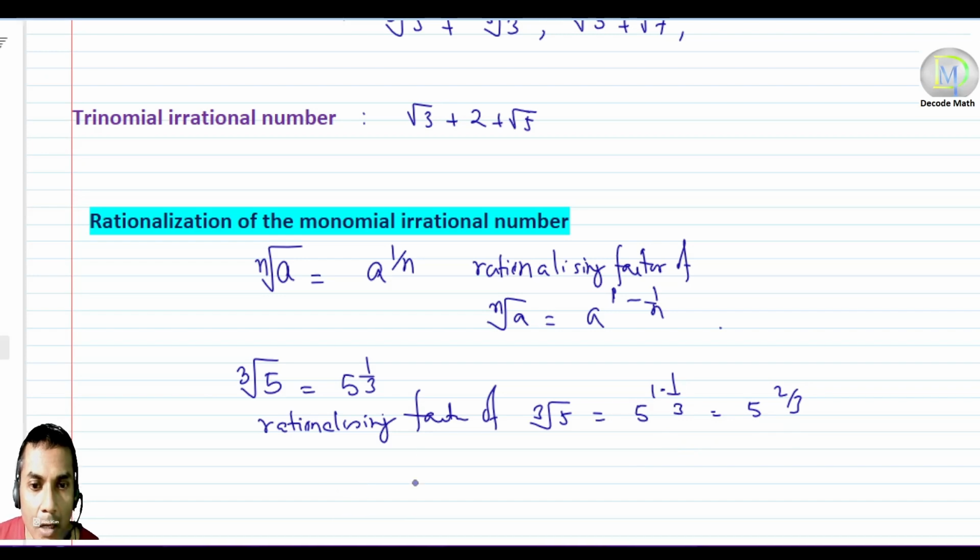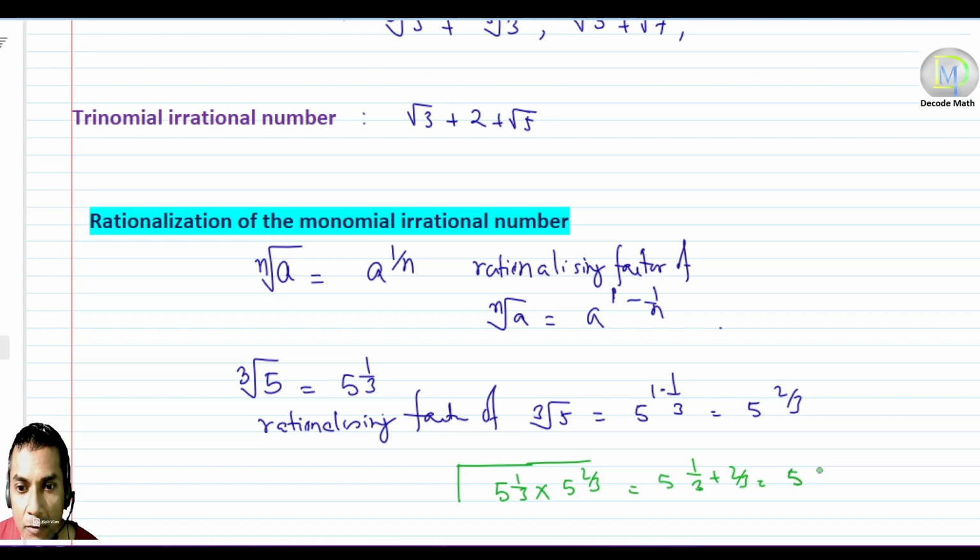So now why is it the factor? Because already I told you, if you multiply 5 to the 1 by 3 into 5 to the 2 by 3, you get what? The base is the same, so you can add the powers: 1 by 3 plus 2 by 3, you get 5 to the power 3 by 3, that is 5.